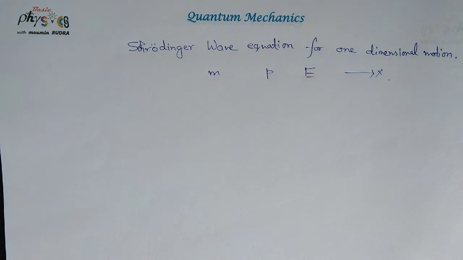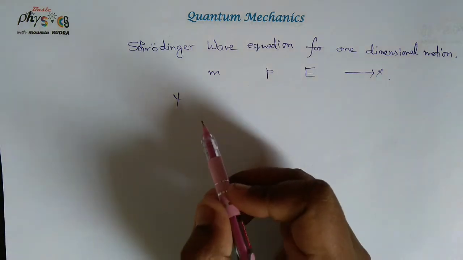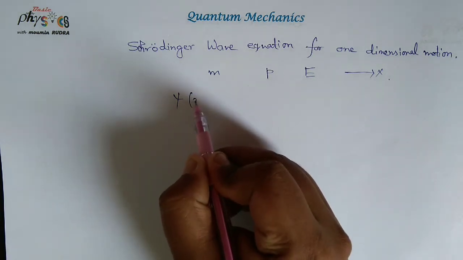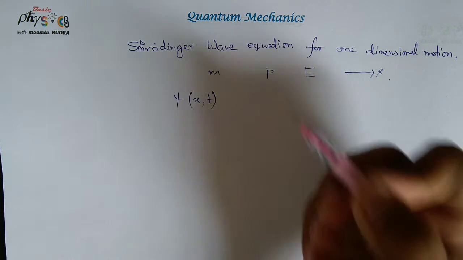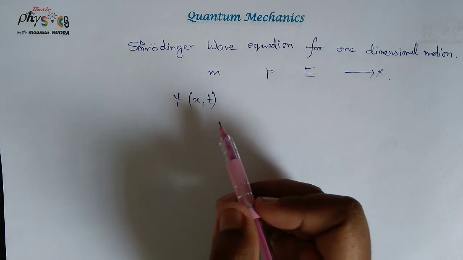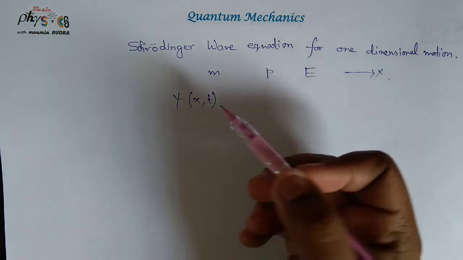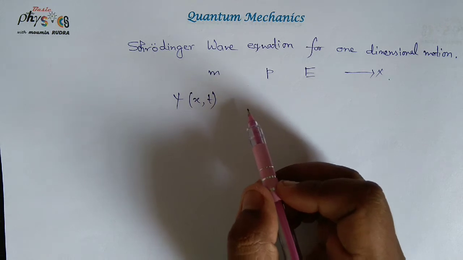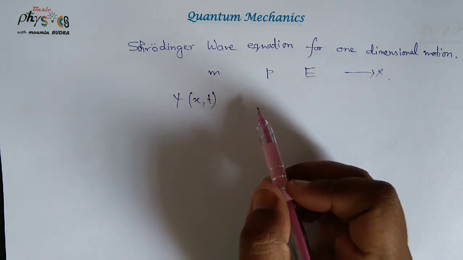So the wave function psi of a particle determines the complete space-time behavior of the particle, and it is a function of x and t, meaning position and time. The wave function psi characterizes the de Broglie wave associated with the moving particle.